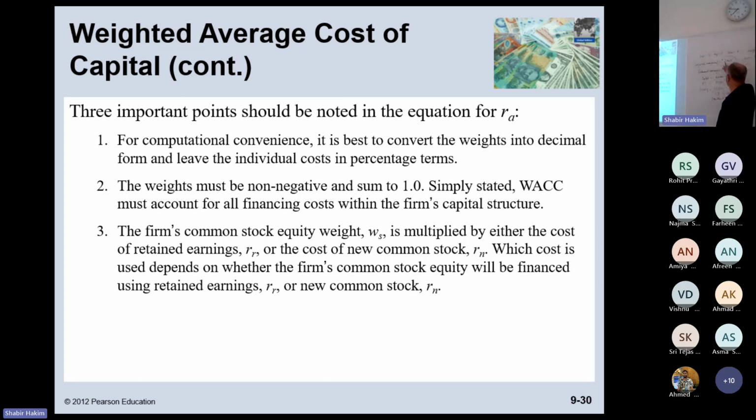And how much are you going to finance with debt? $60,000 of this will be financed with debt, 30% of 200. And how about preferred stock? 10% of this. And how about the equity? 60%. But how much equity is at hand, available with us?